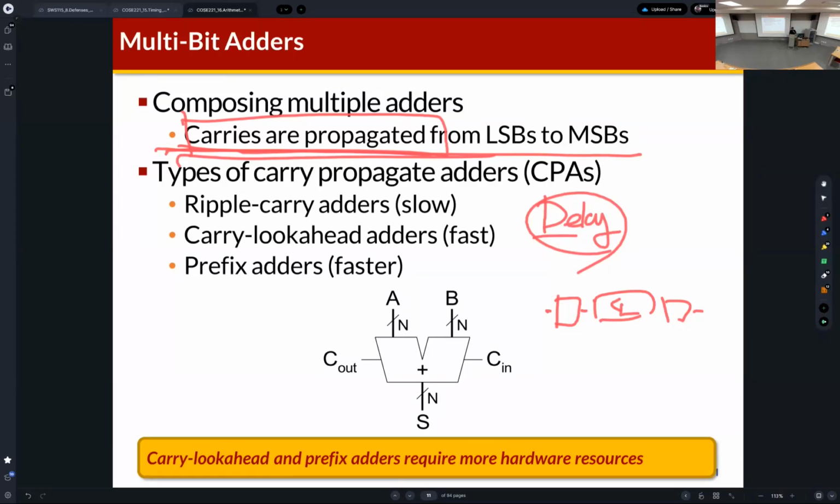The delay. The clock period Tc is larger than the delay of this combinational logic, the delay of this path, so it needs to include the setup time or propagation time of the flip-flop, and then clock skew.